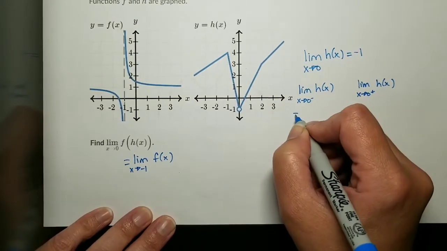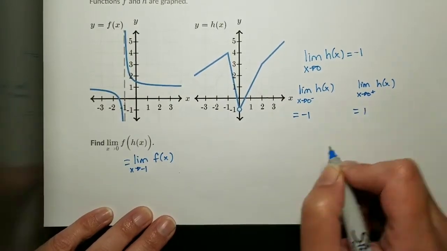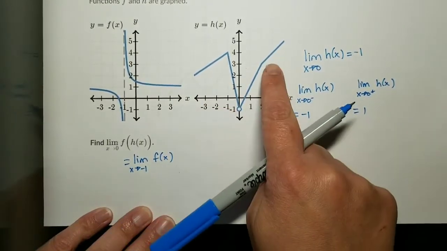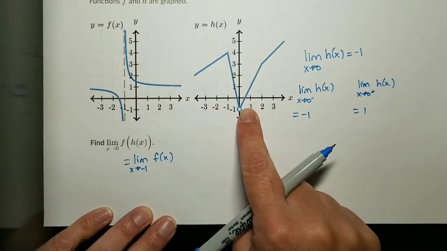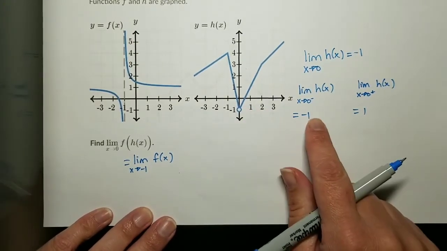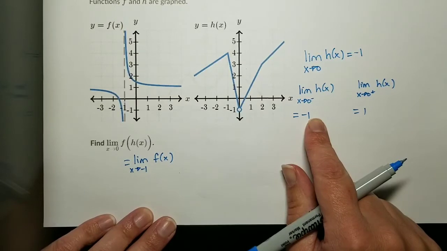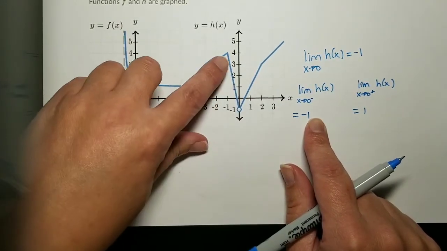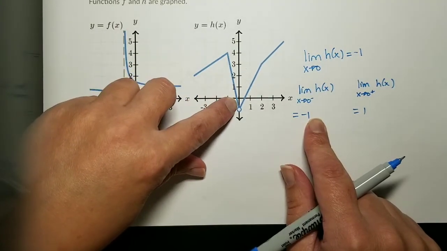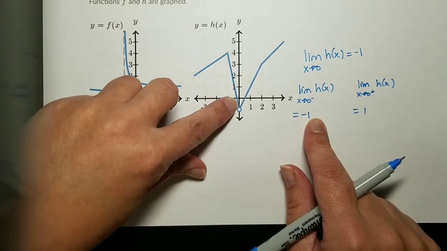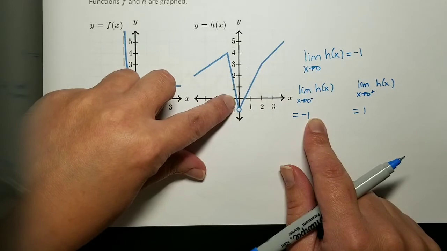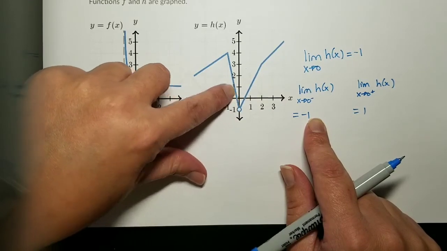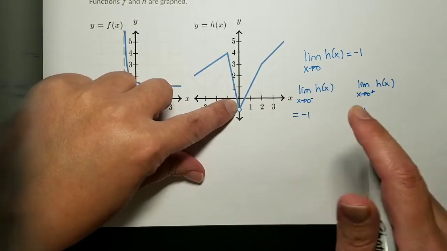Now I know that these are both equal to -1, right? I'm going towards -1 from the left and towards -1 from the right. But what side of the -1 am I approaching? Here, on this side, I'm approaching the -1 from above, from bigger numbers, right? -0.5, -0.8. These are all numbers above the -1.